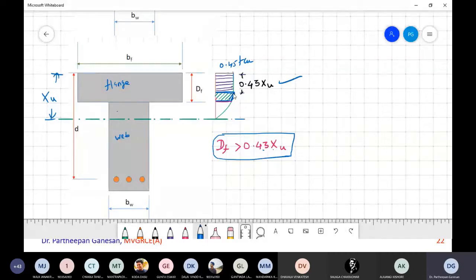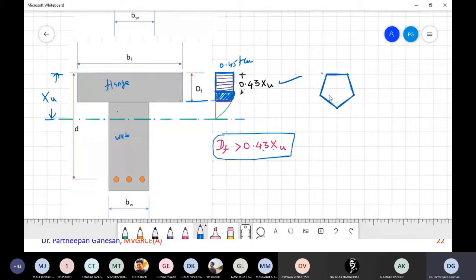Are you able to see this clearly, everyone? This blue line is the parabolic part. So this is Df. If you see the stress distribution over this flange, it consists of a rectangular part up to a depth of 0.43 xu, and then a parabolic part beyond 0.43 xu.